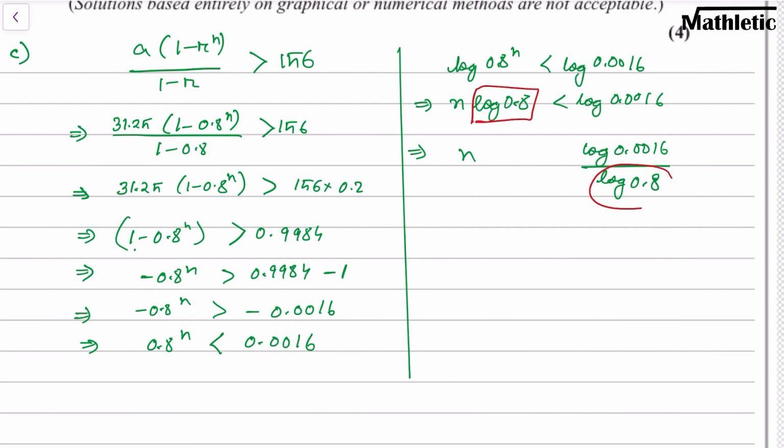So when I'm shifting this to the right side, it is going to change this sign. So from less than, it will be greater than. So n greater than, this is what you get from the calculator, 28.8. Since n has to be an integer number of terms, the next integer is actually 29.